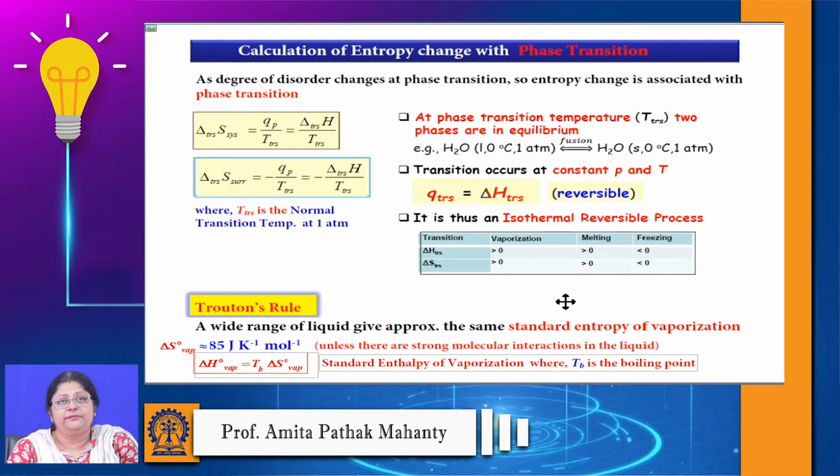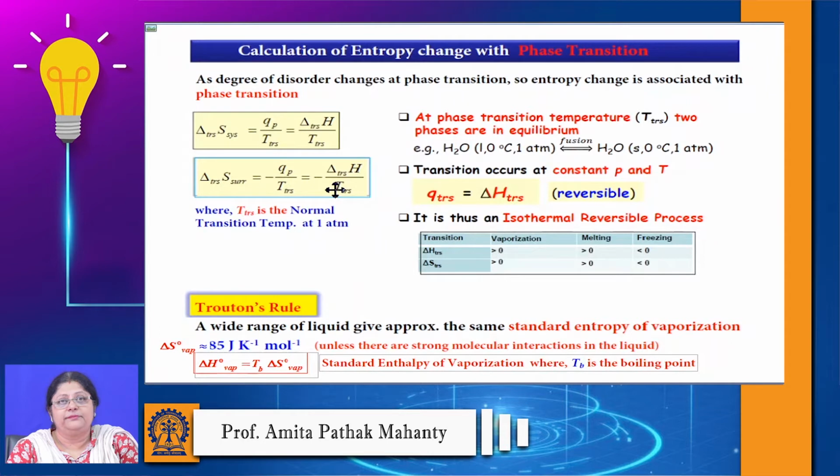So what will the entropy change be? Whatever you are getting for the system. Yes, it is 0. So the entropy change of the universe becomes equal to 0 when you have equilibrium reached.